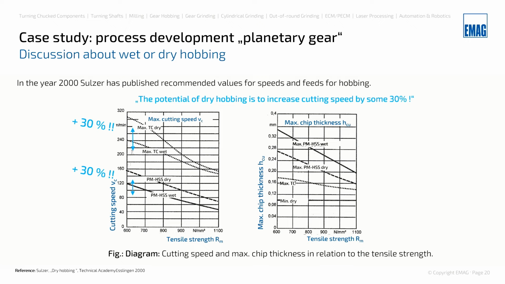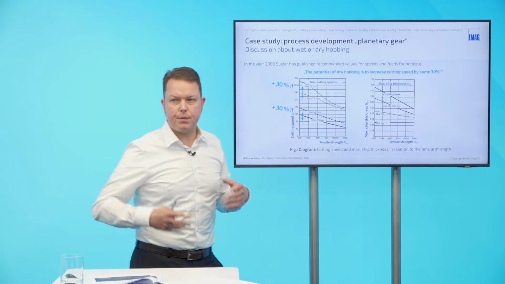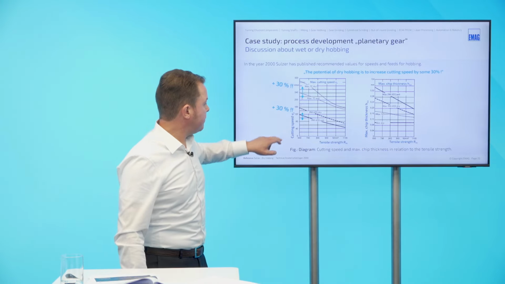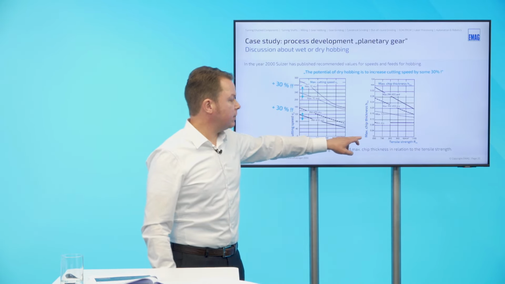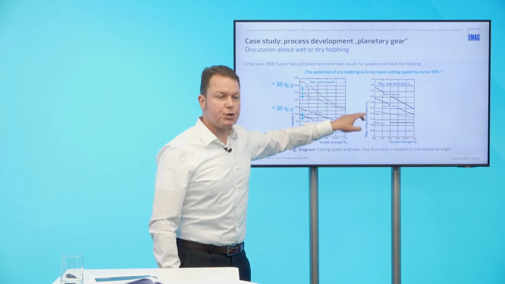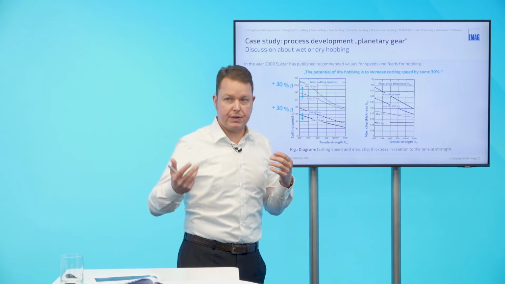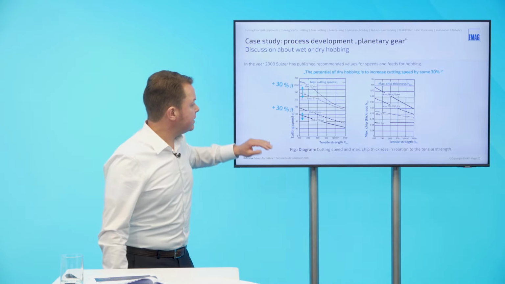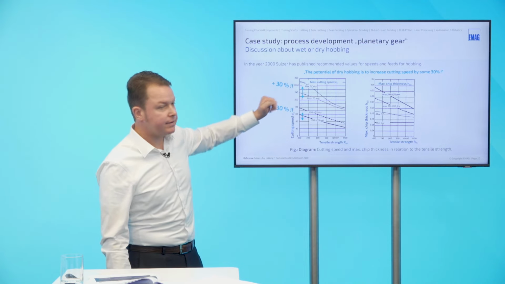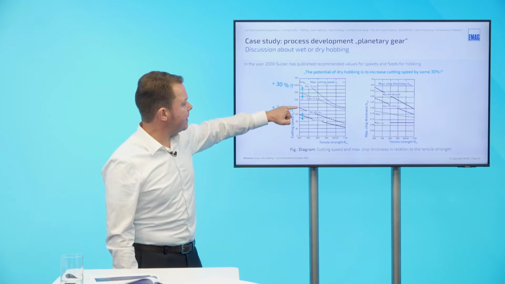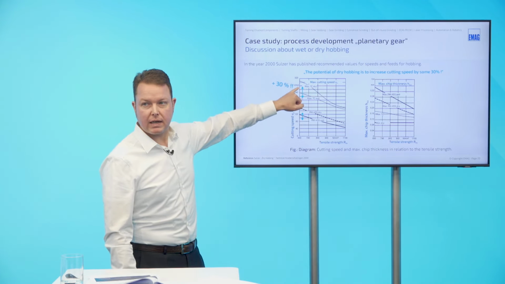We have on the x-axis the tensile strength of the material to be cut, and we have on the vertical axis here the cutting speed, and here in the second chart the maximum chip thickness. This is more or less proportional to the axial feed rate of hobbing. And we can see different kinds of substrates and the difference between wet and dry. So we have PMHSS dry and PMHSS wet, and the same here for tungsten carbide.